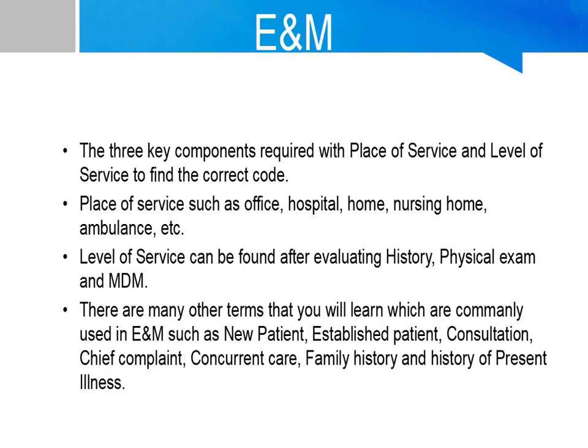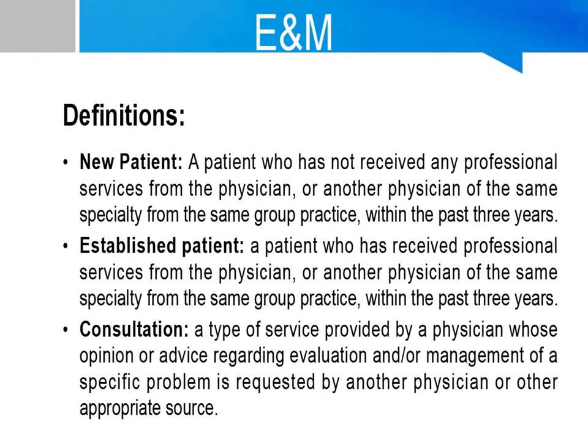Okay, and a couple of things we also would like to learn here: three key components are required with place of service and level of service to find the correct code. So with those three key components, we also need to understand what is place of service and level of service. Then only we can find the correct code for E&M.